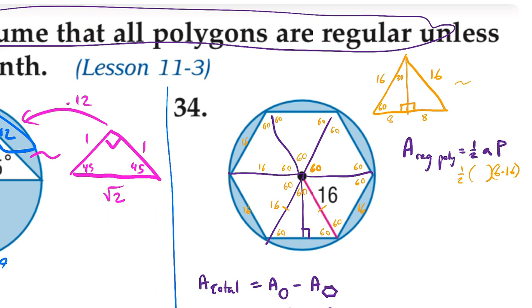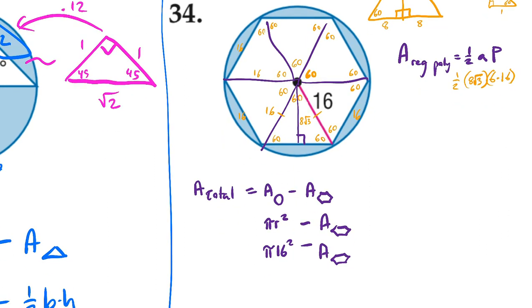But I know that this is similar to 30-60-90, which is 1, root 3, and 2. So we multiplied by 8. So this height is 8 root 3. So 8 root 3, that's the apothem there. I used 30-60-90 triangles, but you could have just used the Pythagorean theorem there, or you could even use trig.